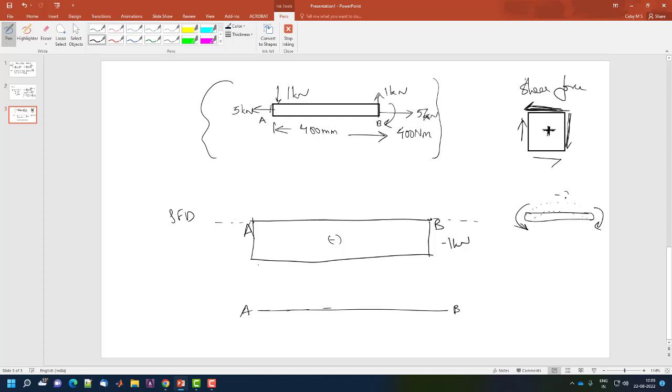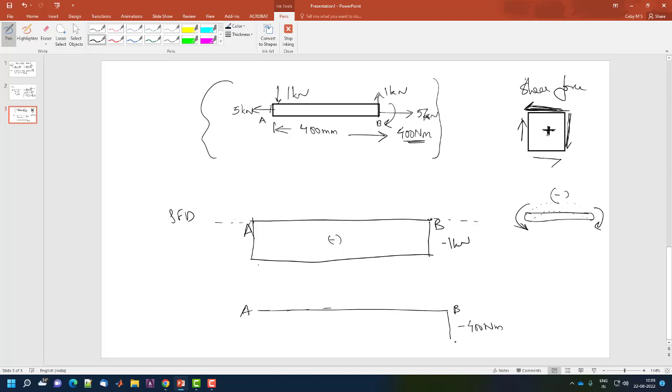So this is negative, and opposite to this is sagging. So here, since it is hogging, what was this value of the bending moment? It was 400 Newton meter. This is minus 400 Newton meter.